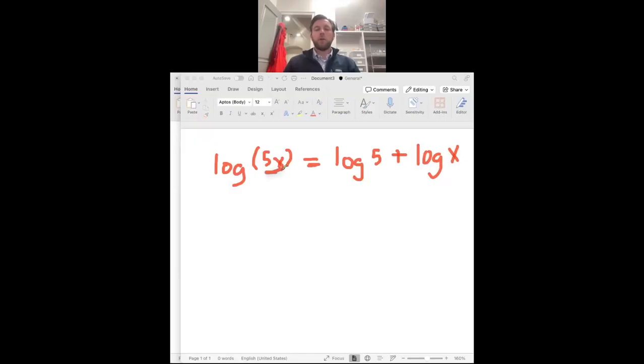Just break up the multiplication and give them each their own log. So what does the log of 100p?